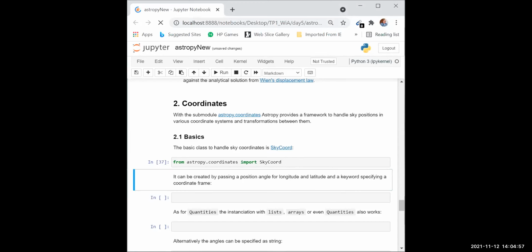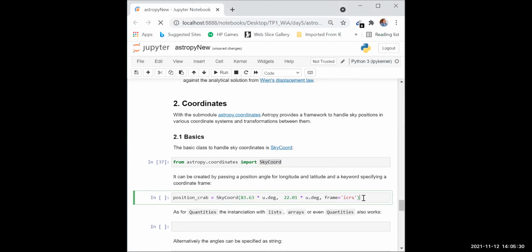Right, so for example, I have this position for the Crab Nebula, and we have imported SkyCoord, and SkyCoord is a function in which you specify the longitude and the latitude, and you specify what frame you are looking at.